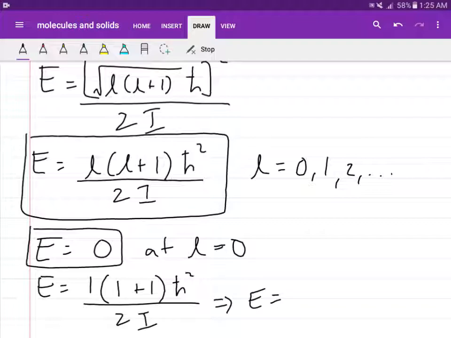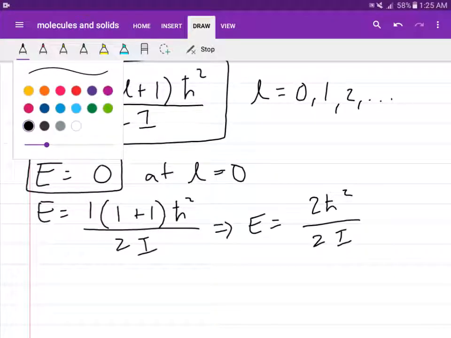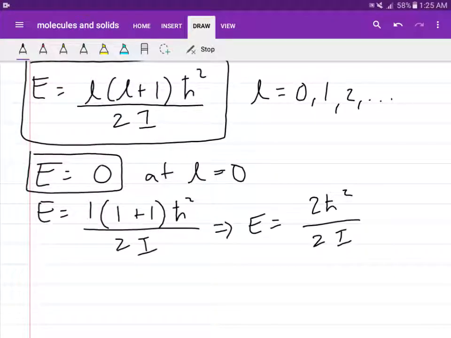So E equals 2 h bar squared over 2I, or simply E equals h bar squared over I.